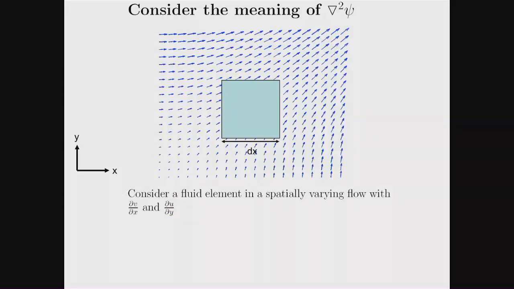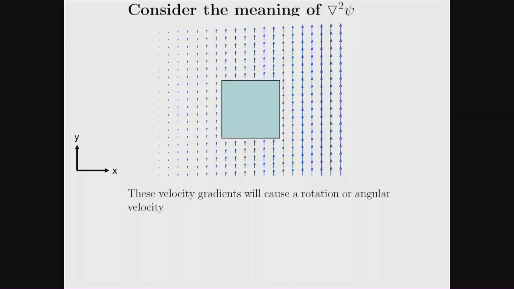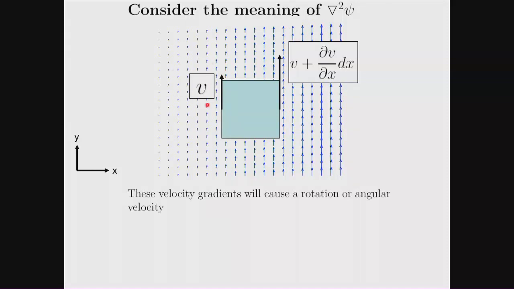So if I consider this fluid element here, which has a streamwise or x length of dx and a vertical height of dy, you can see that this velocity gradient is going to cause my fluid element to rotate. The velocity at the right hand side of my fluid element is going to be larger. It's going to be v plus del v del x times dx, which is this small length of my fluid element. And on the left hand side here, my velocity in the y direction is smaller, it's just v.